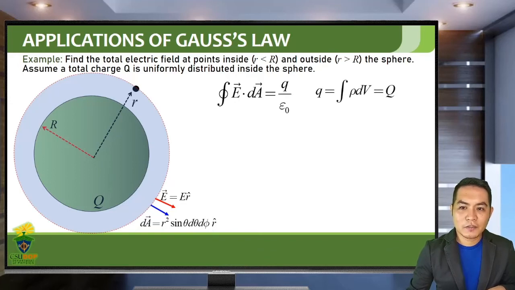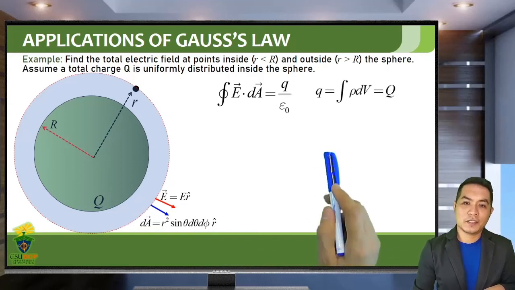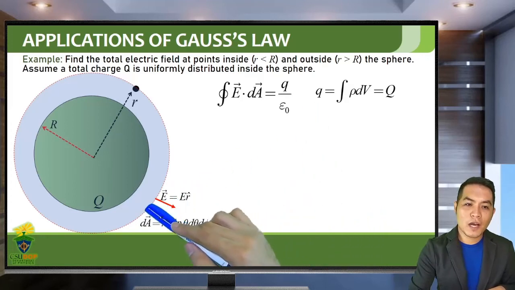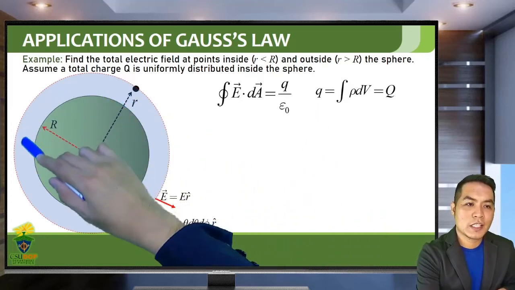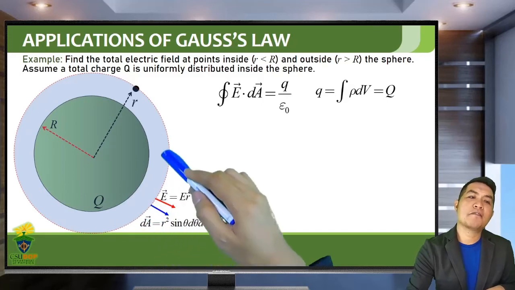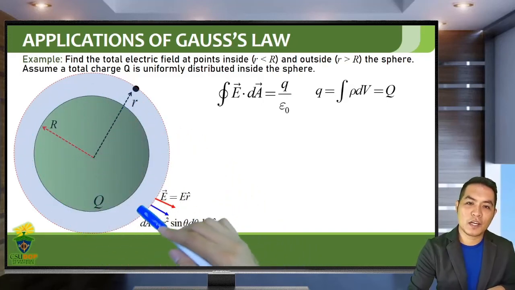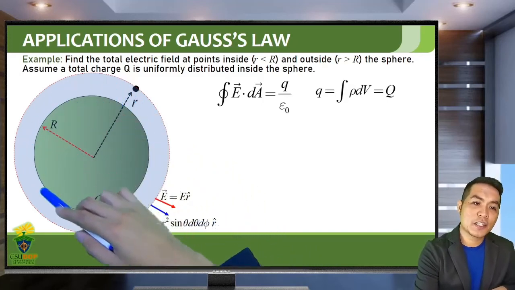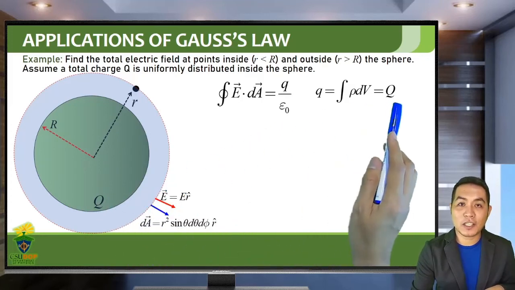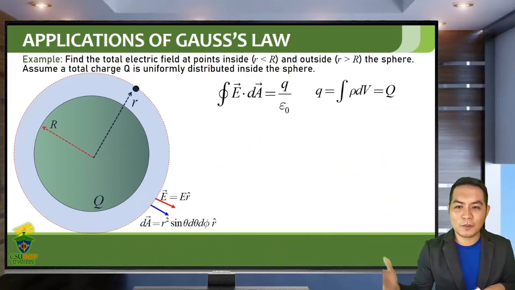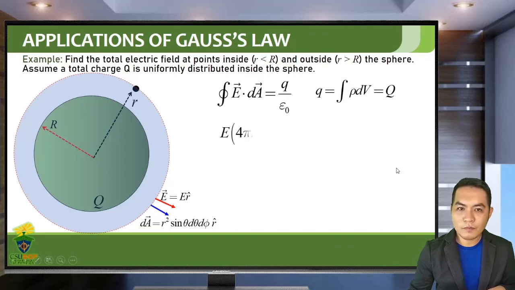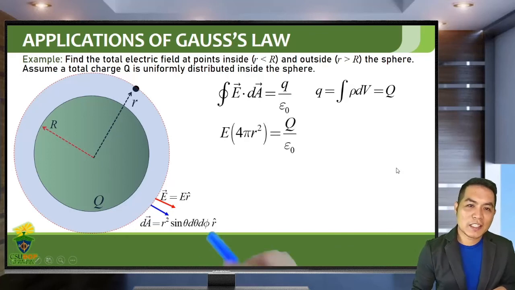And in this case, since your Gaussian surface now envelops all of the sphere of charge, the charge enclosed by your surface will now be the total charge Q. No need to integrate.